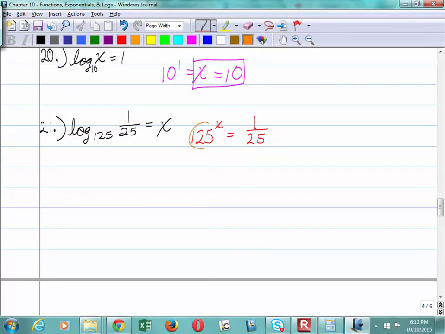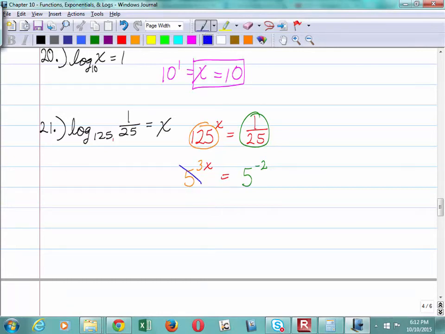So 125 is the same thing as 5 to the third power. And 1 over 25 would be the same thing as 5 to the power of negative 2. And then that 3 could just multiply times the x. So 5 to the power of 3x equals 5 to the power of negative 2.